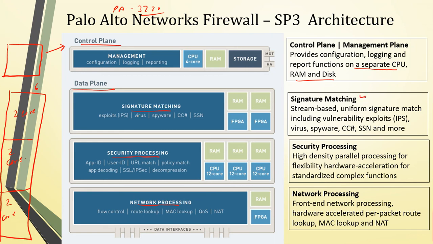Signature matching will usually do the scanning of IPS, virus, and spyware. Security processing will handle App-ID, User-ID, URL match, policy match, SSL, IPsec, and decompression as well. Network processing will be used for route lookup, MAC lookup, quality of service, NAT, and flow control.